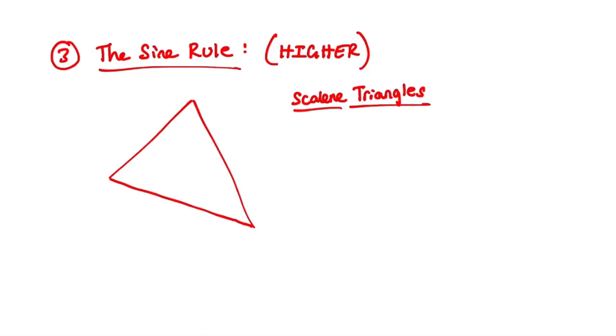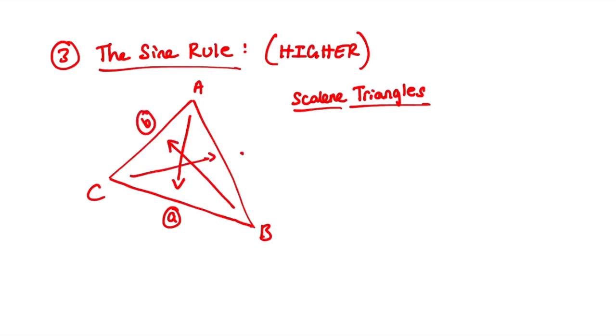The way that you label your triangle is you label the corners with capital letters, for example, A, B, and C, and then you label the side which is opposite to the corner with the lowercase letter. So opposite capital A will be lowercase a, opposite capital B will be lowercase b, and opposite capital C will be lowercase c.